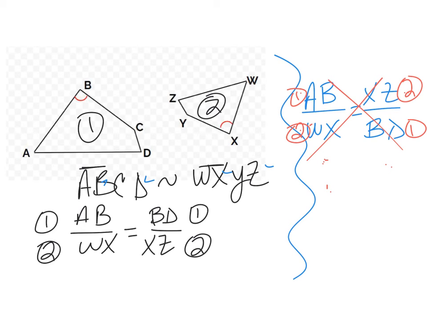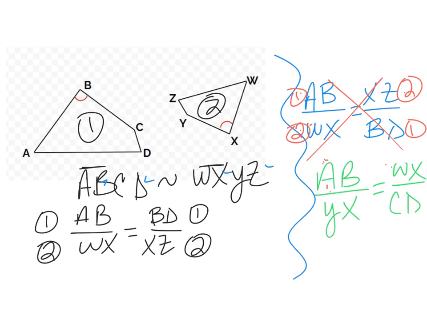Let's look at one more. I think I have time to do one more. Suppose I had AB over WX, and then over here I have AB. Oh wait, that does correspond. I wanted to find one that didn't. Hang on. YX. Let's do YX. And then over here I had AB over WX equals YX over CD.